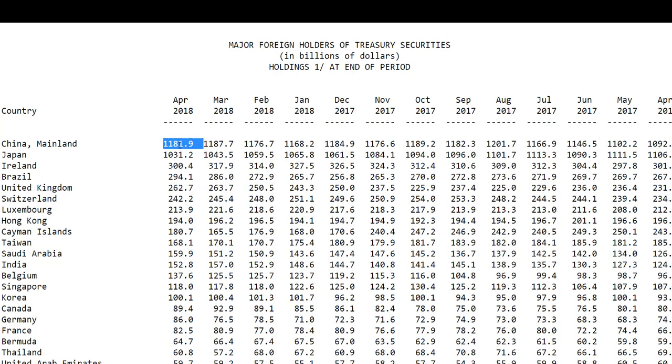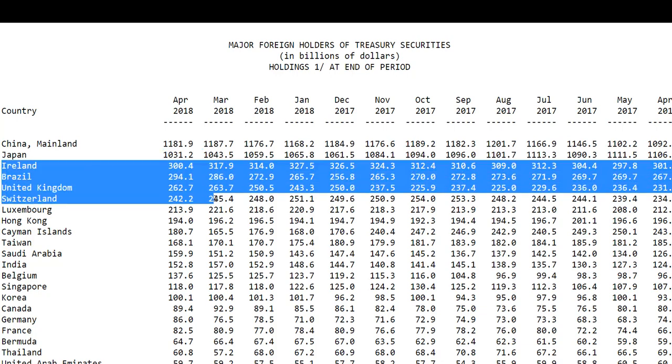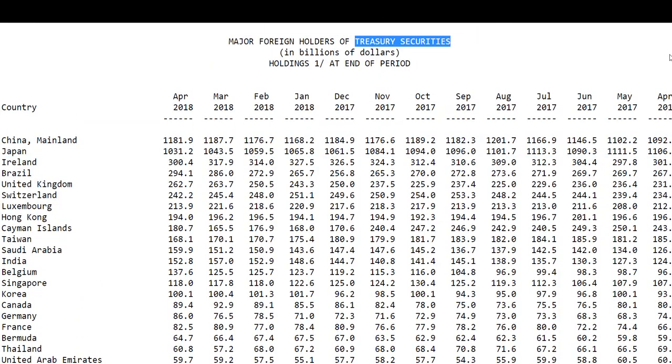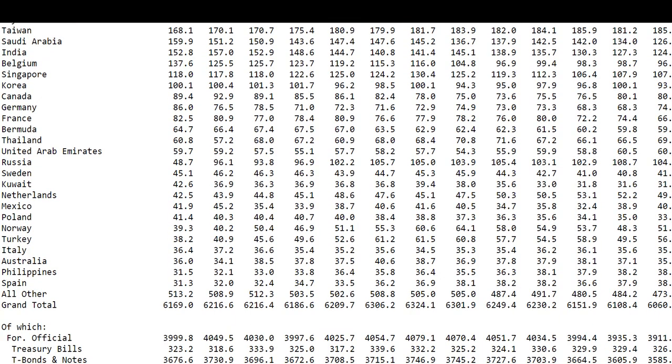So if China was to stop lending us money, it would be a similar effect as Ireland, Brazil, the United Kingdom, and Switzerland simultaneously deciding to stop lending us money. So this would be a severe constraint. In total, foreigners have lent the US government about $6.2 trillion.